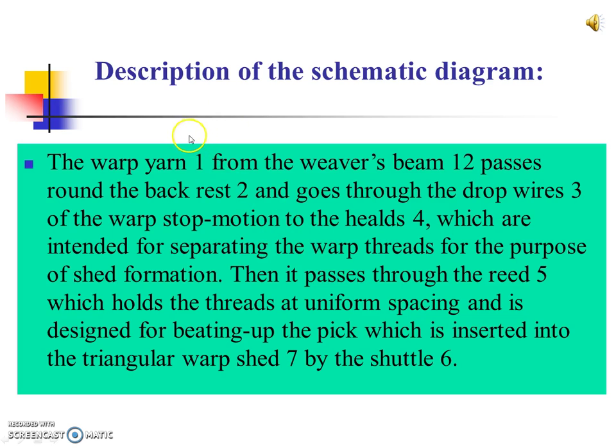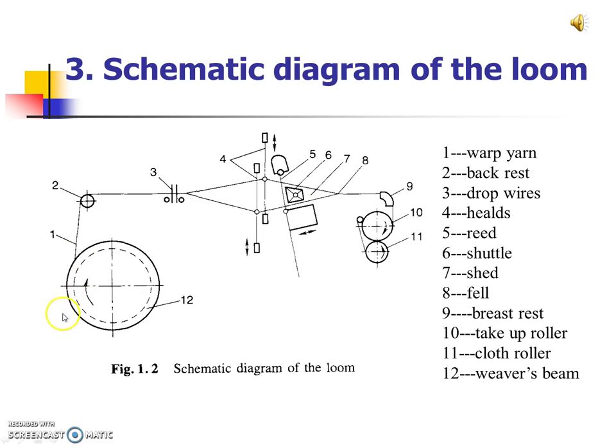So here again we see the description of this schematic diagram. The warp yarn 1 from the weaver's beam 12 passes around the backrest and goes through the drop wires of the warp stop motion. See, in this way the passage of the warp yarn is described.